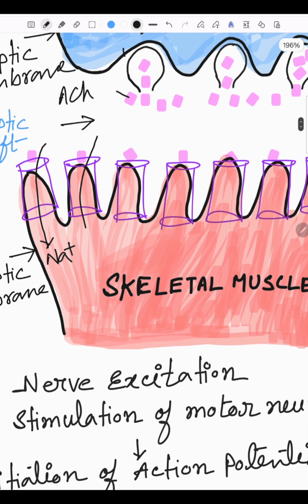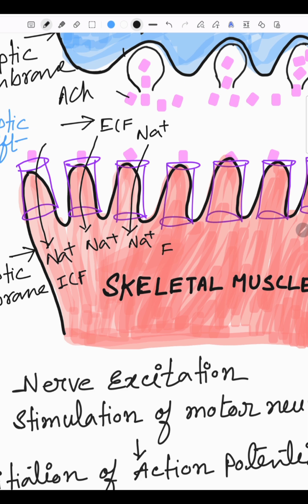There is lots of sodium ion present in the ECF. This is the ECF, extracellular fluid, and this is the ICF. So from ECF to ICF there occurs a lot of sodium ion influx. Okay. This sodium ion influx generates EPP, that is the end plate potential.